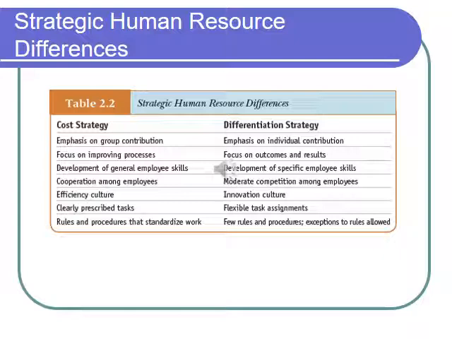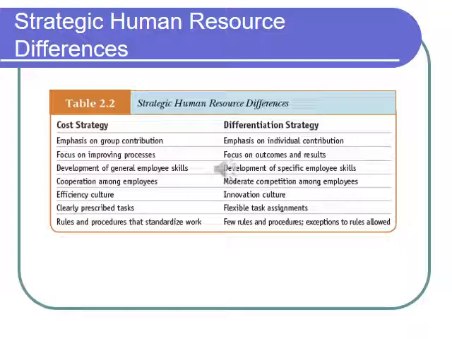If you have cost strategy, you focus on improving the processes. But if you have differentiation strategy, you focus on outcomes and results, on the product characteristics, the service level, and so on. If you have cost strategy, you try to help employees have general skills, not specific ones.